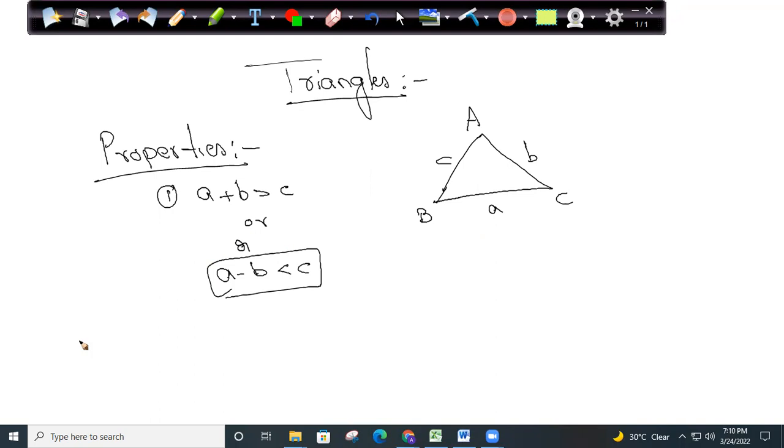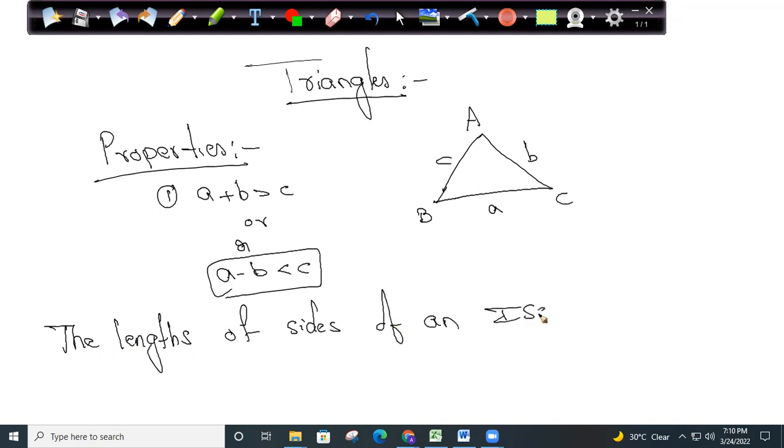First question: the lengths of the sides of an isosceles triangle are 20, n, and n.